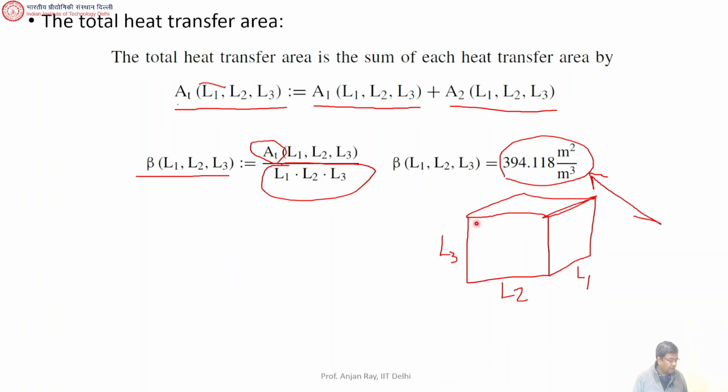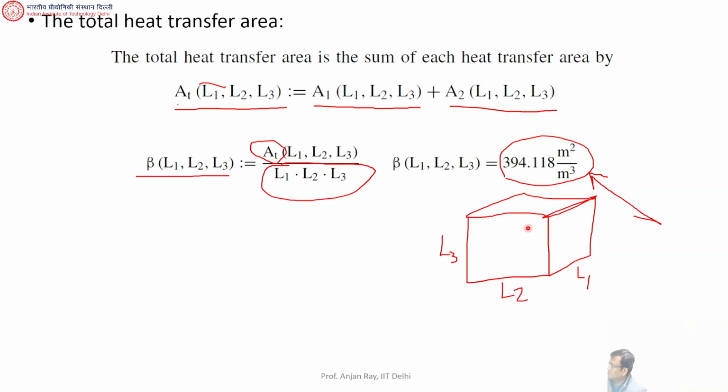And something about the heat transfer area and the volume calculation. The volume of this heat exchanger is L1, L2, L3, simple. But the total area is A1 plus A2, and beta is this much, 394.118 meters squared per meter cube. Why is beta important? Beta tells you something about how compact the heat exchanger is.